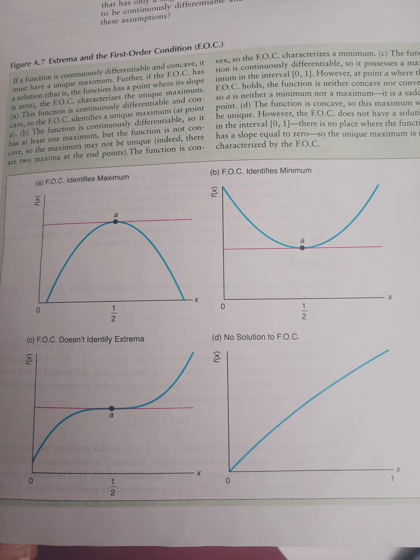If this condition holds, we know that the x* that the first order condition identified is a unique maximum in this neighborhood of x*. In contrast, if the second derivative is positive, we know that the function is convex in this neighborhood and that we have found a minimum.